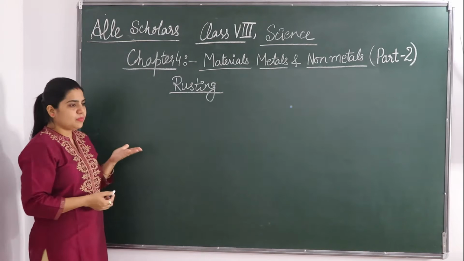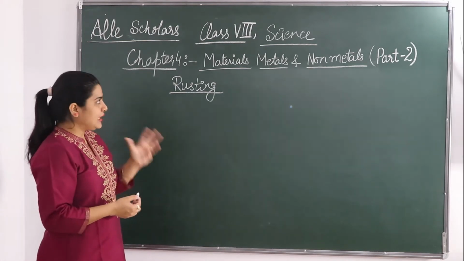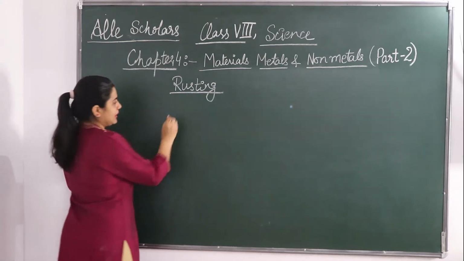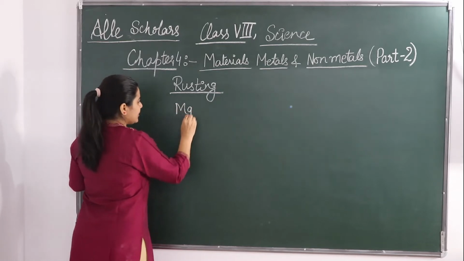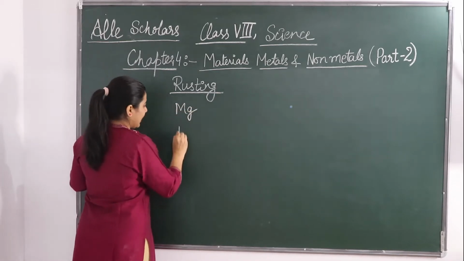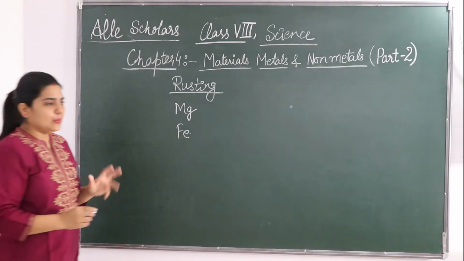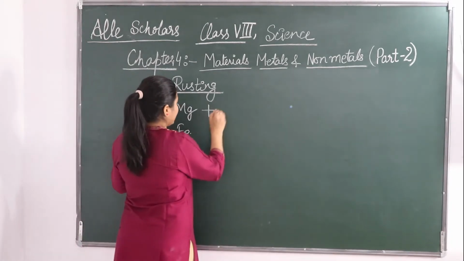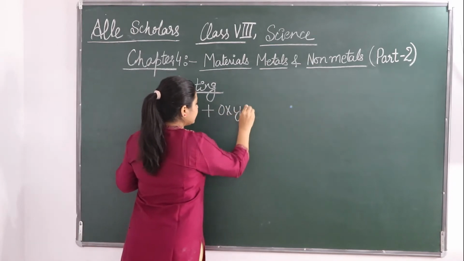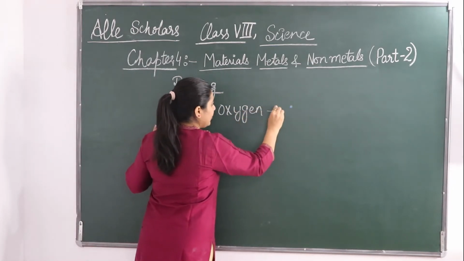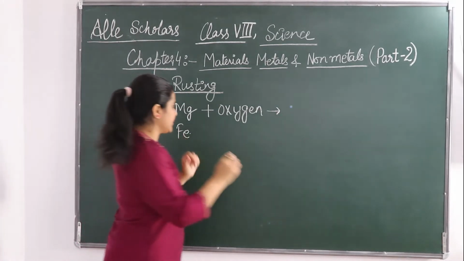Why does rusting take place? If we take some metals, we all know that metals like magnesium or iron, especially iron, form oxides when they react with oxygen. Magnesium plus oxygen is going to give magnesium oxide.